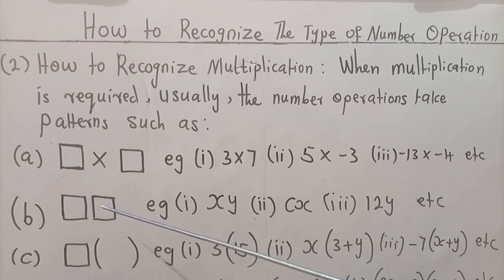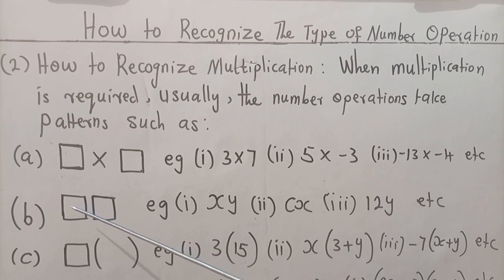Box, then box again. This one is used especially when there is a multiplication going on between a variable and a constant, or a variable and a variable, but never a constant and a constant. Let us see examples here.